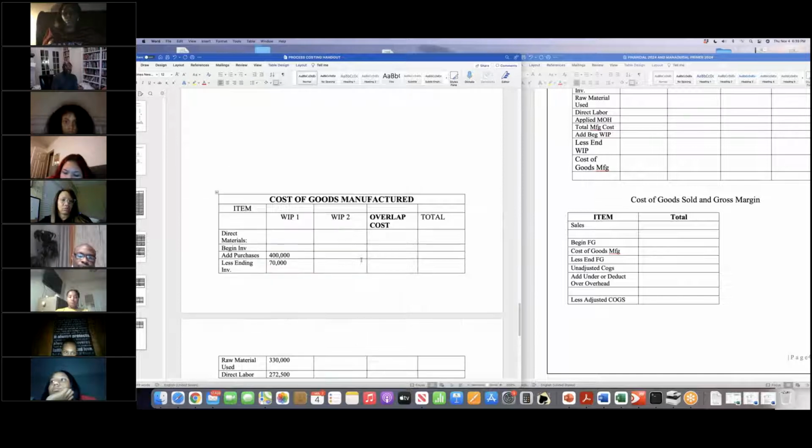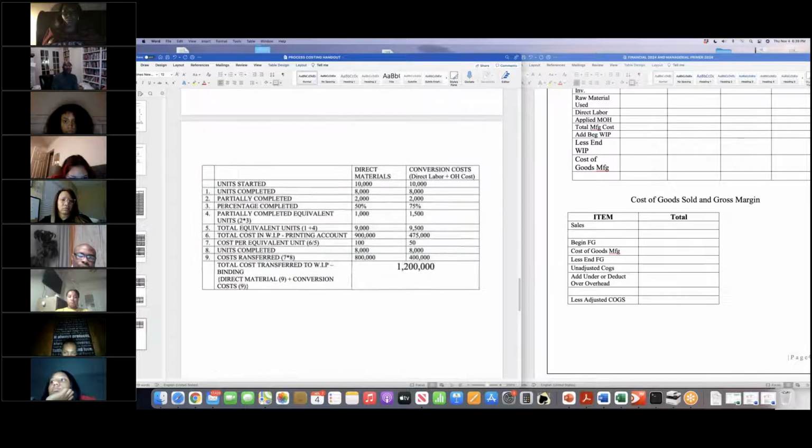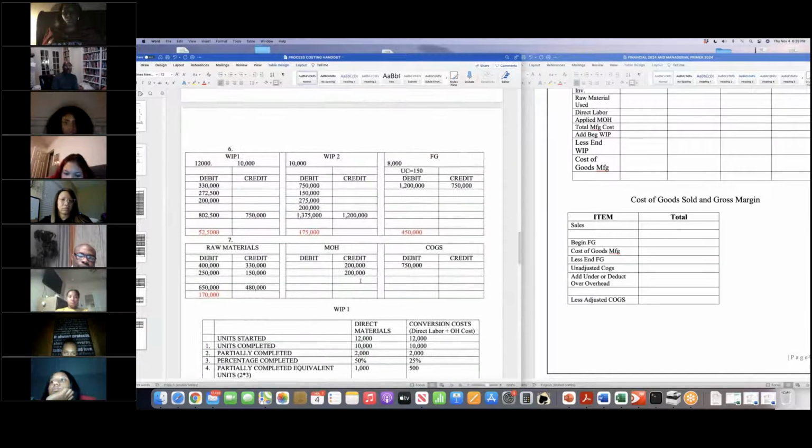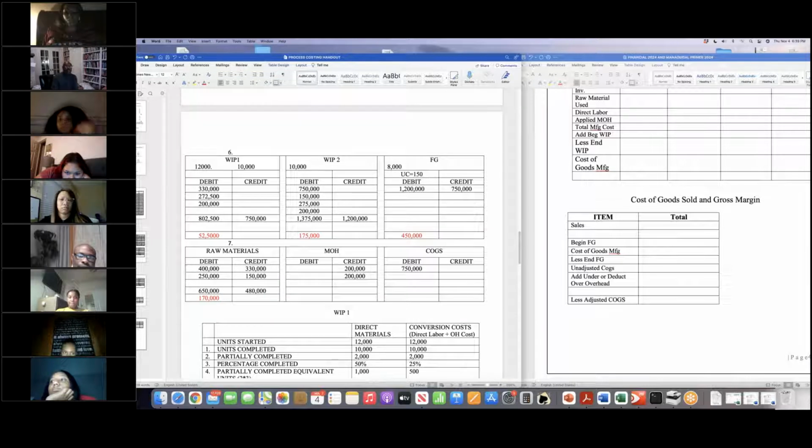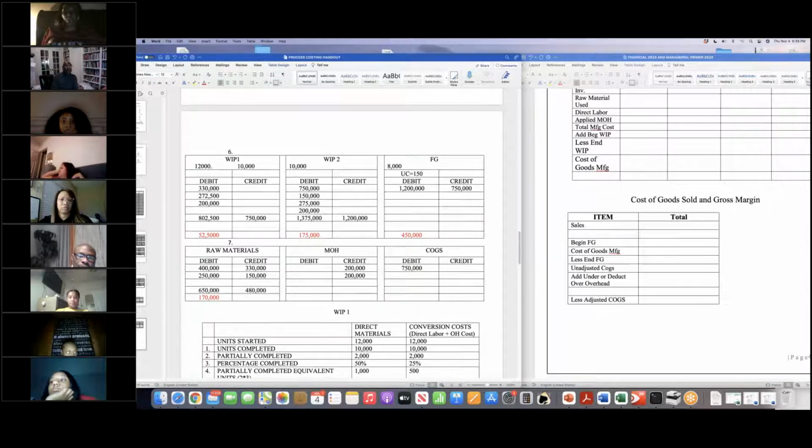Let's go to work in process 2. And all we're going to do is pick up these raw materials. The raw materials we purchased were $250.